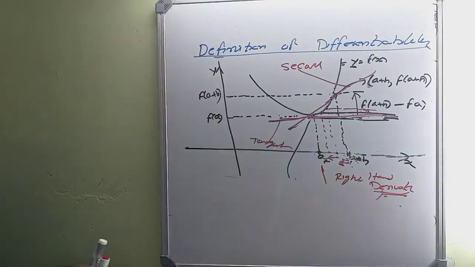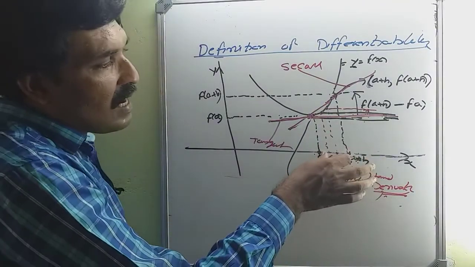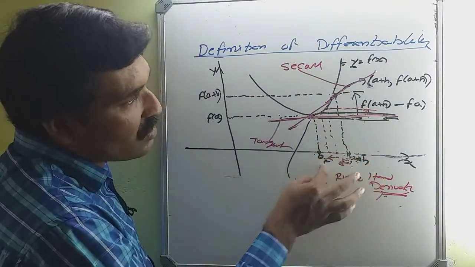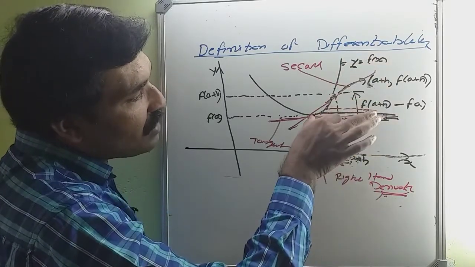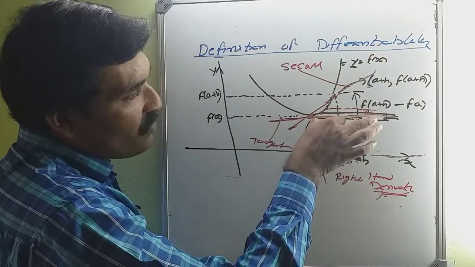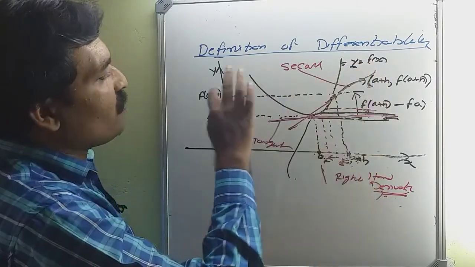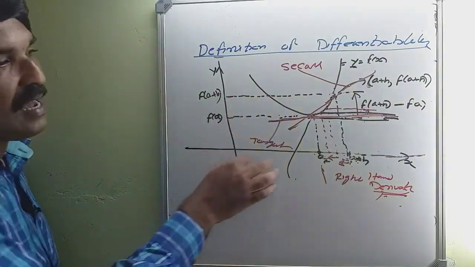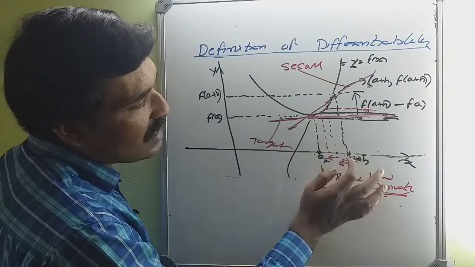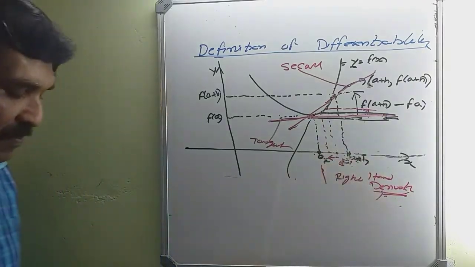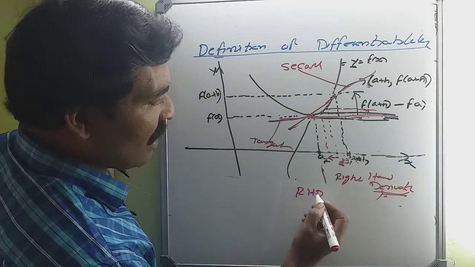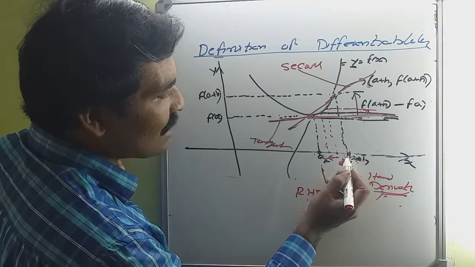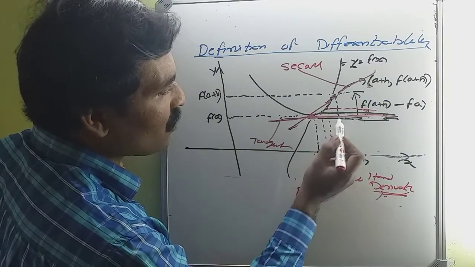That is, the right hand derivative is, as delta x tends to 0, the difference in the y variable divided by the difference in the x variable. The difference in y is f of a plus h minus f of a, and the difference in x is a plus h minus a. Right hand derivative means x is approaching from the right side of a.